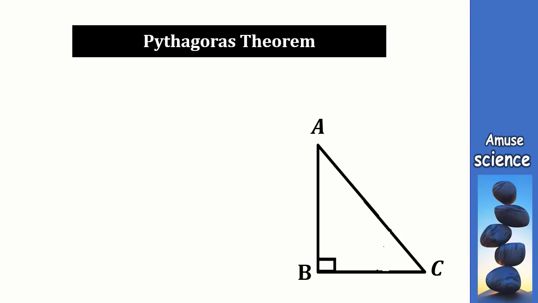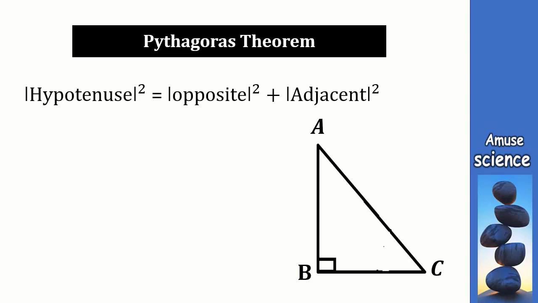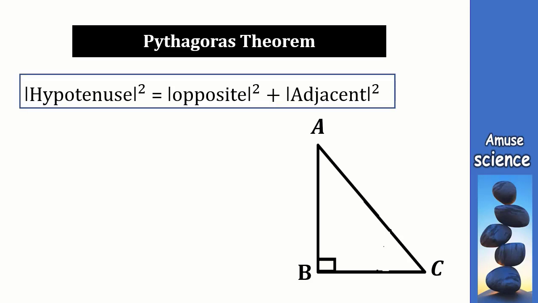From Pythagoras Theorem, the square of the hypotenuse is equal to the sum of the squares of the opposite and the adjacent. And so from the diagram we are using, we can write that AC squared is equal to BC squared plus AB squared.